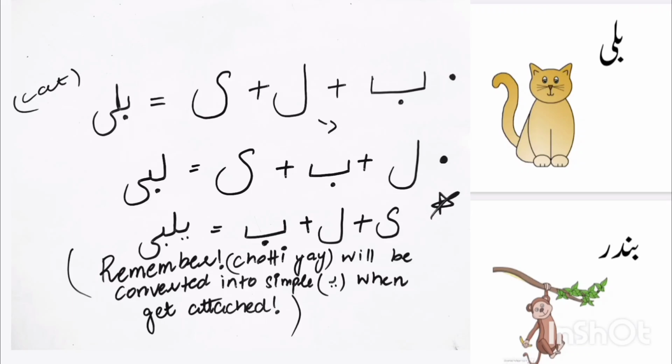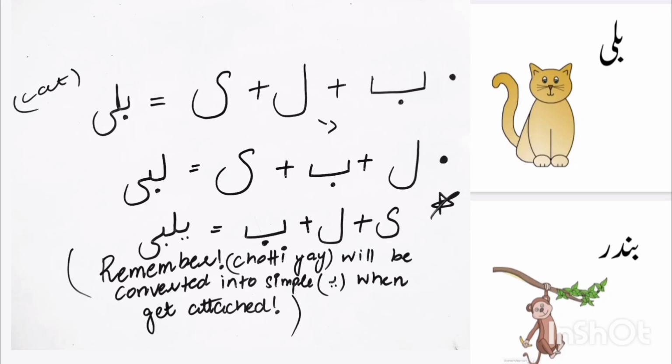After that, the important example here: you can see that now the word is starting with choti ye plus lam plus bay, which makes yalbi. Now remember that when choti ye comes at the start, it will be converted into the simple ye sound.